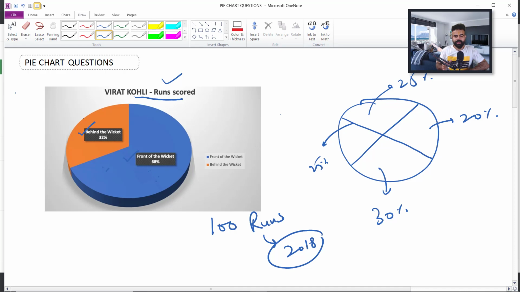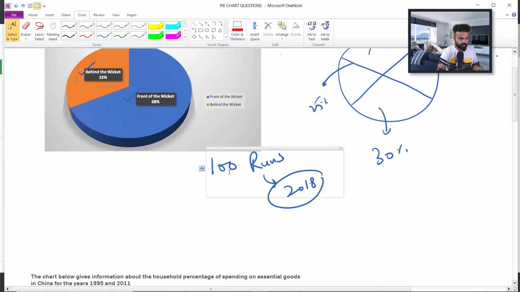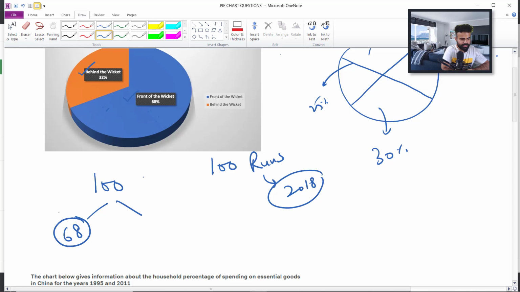So if we picture this data, you have this information: Virat Kohli scored 100 runs in 2018, and he scored 68 runs in front of the wicket and 32 runs behind the wicket.